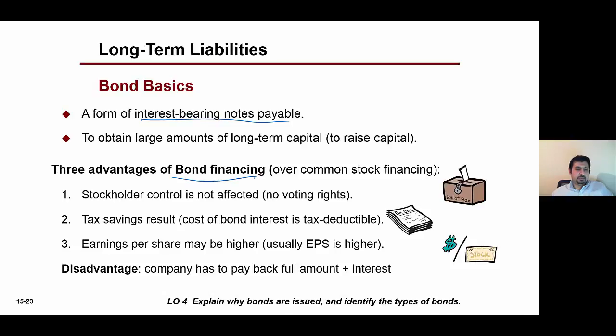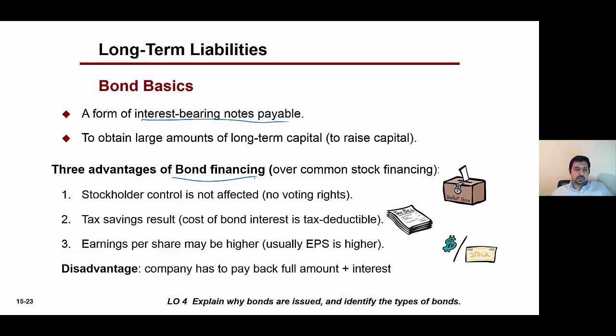The main advantage is that the control over the company will not change, because they are not issuing new stocks or having new investors. Bonds don't have any voting rights.